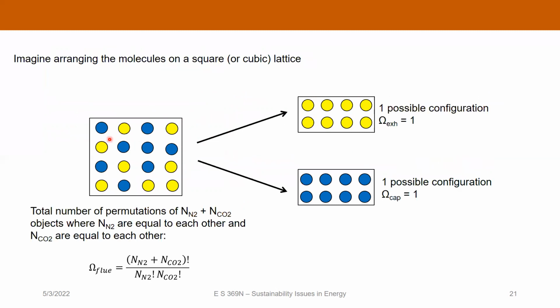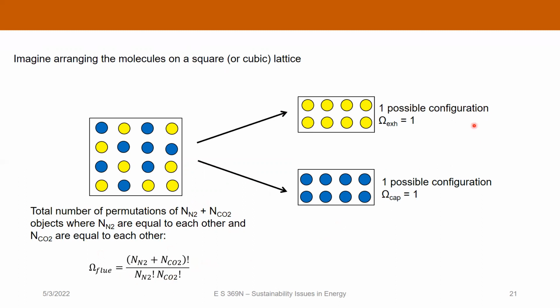The total number of ways you can arrange the CO2 and nitrogen molecules, which I'm going to represent by the number of nitrogen and number of CO2, if they're equal to each other, is simply combinatorics. It's the factorial of the total number of molecules divided by the product of the factorials of both numbers.